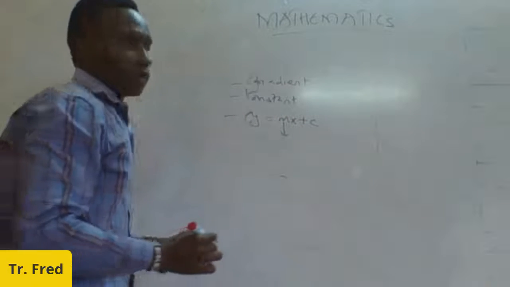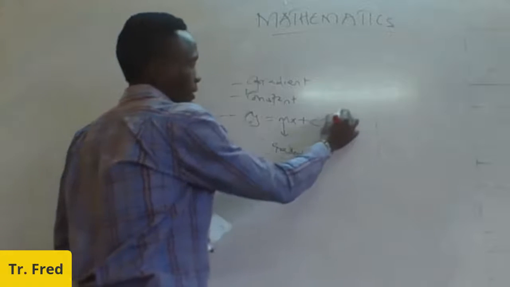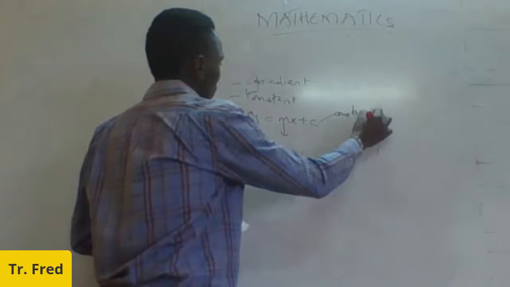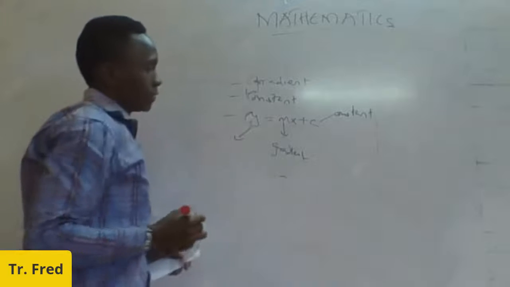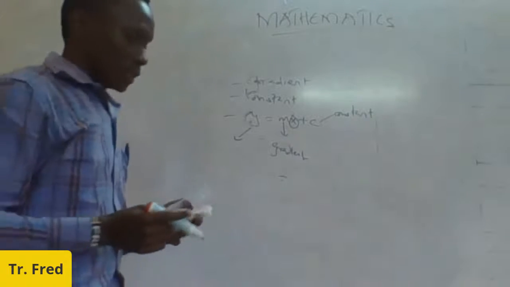Here m stands for the gradient, c is the constant, and y is the equation itself. Then x is the coefficient that we get.